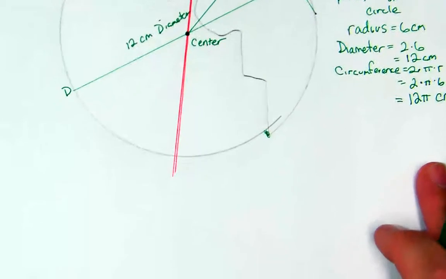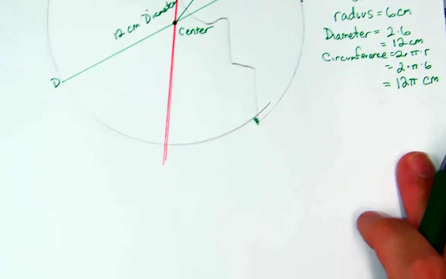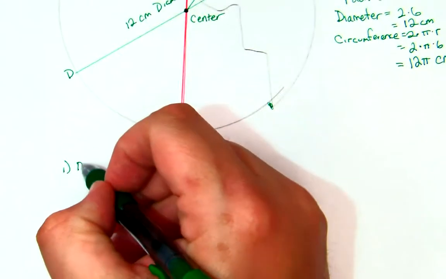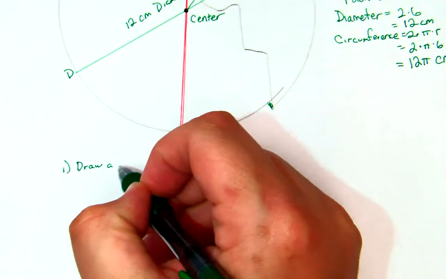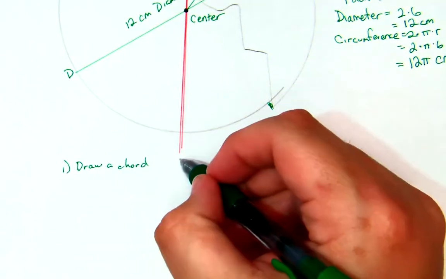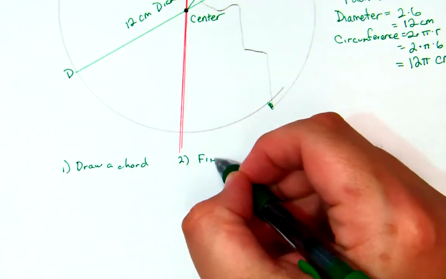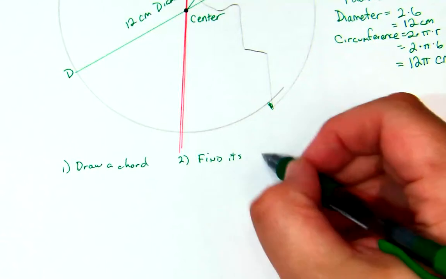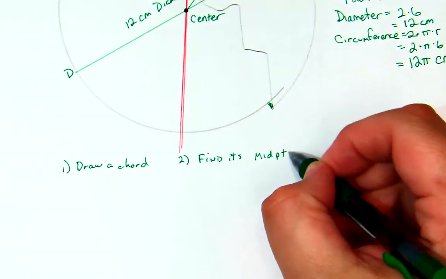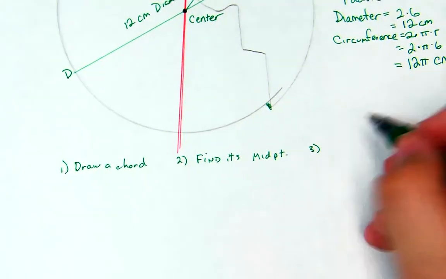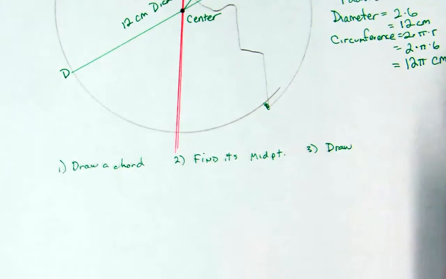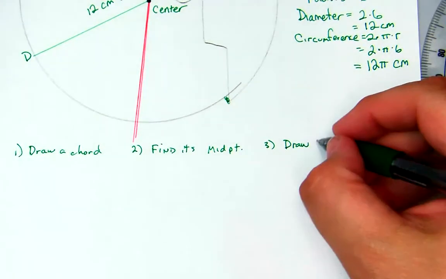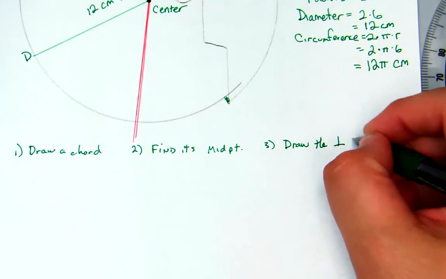And here's the methodology for solving this problem. 1, draw a chord. 2, find its midpoint. 3, draw the perpendicular bisector.